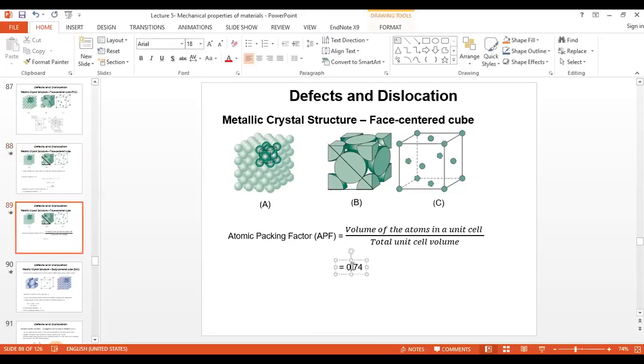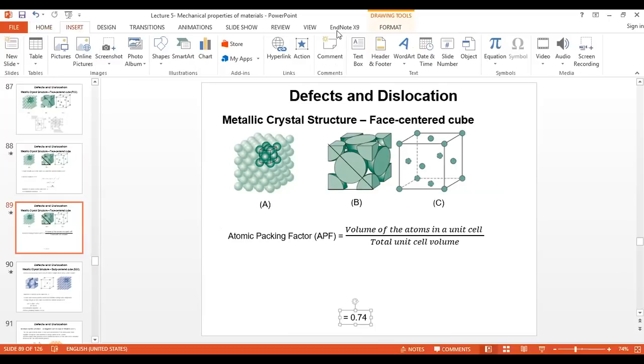So when you are going to calculate the atomic packing factor, you can get this answer. Right? You can do it like this.